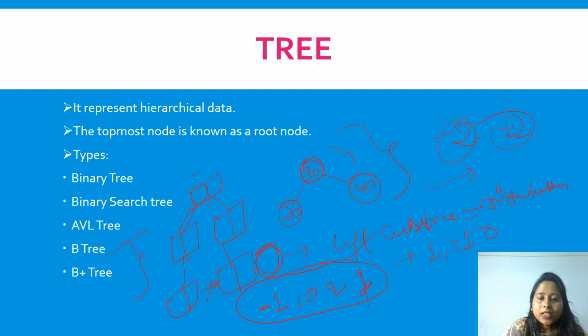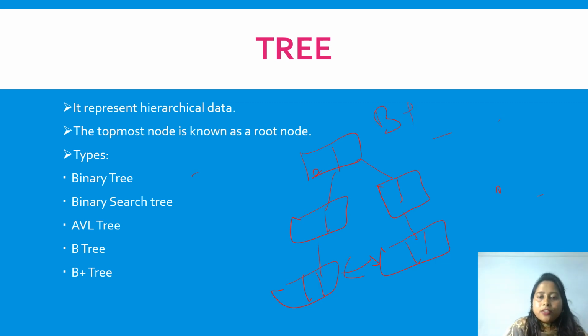Whereas in B plus tree, the leaf nodes are connected with each other and the records are stored only at the leaf nodes, and the internal nodes will have only the keys. So let me draw it here. So this is an example of a B plus tree, where the leaf nodes are connected with each other.